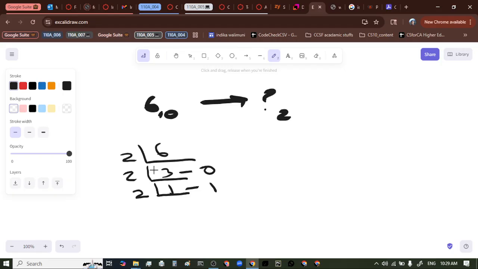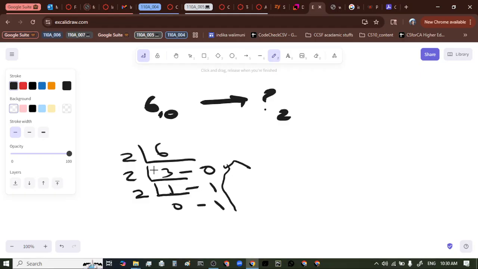So we divide 1 by 2 again, and there's nothing in there, so it's 0. What's left is 1. Now what we're going to do is read this from top to bottom. All right. So the answer is basically that's a lousy arrow.